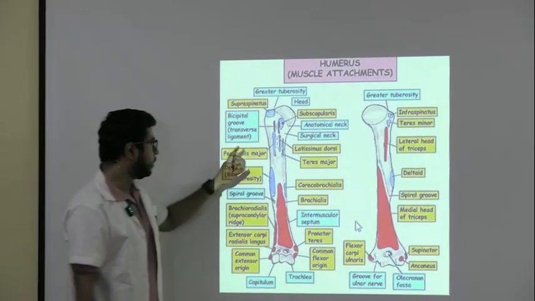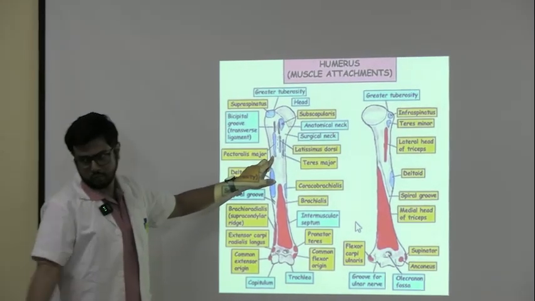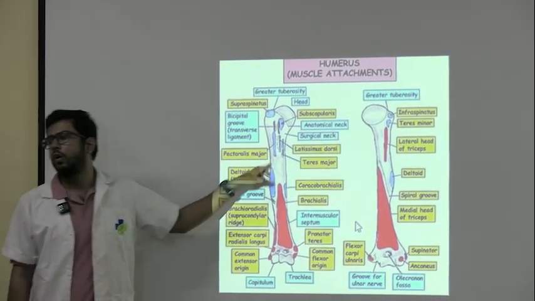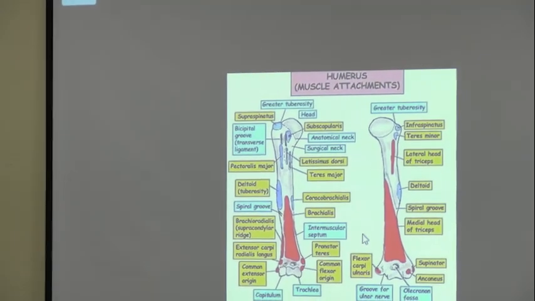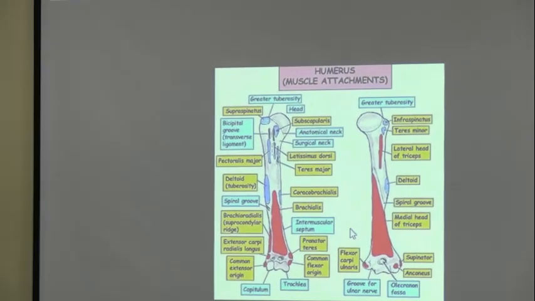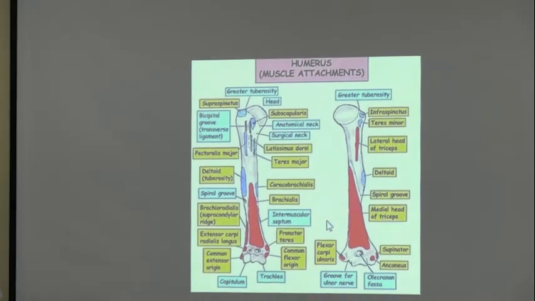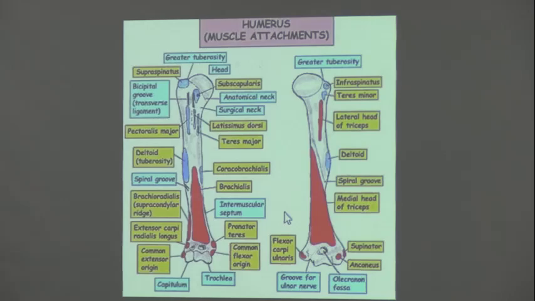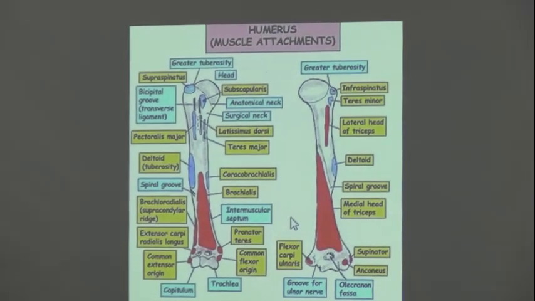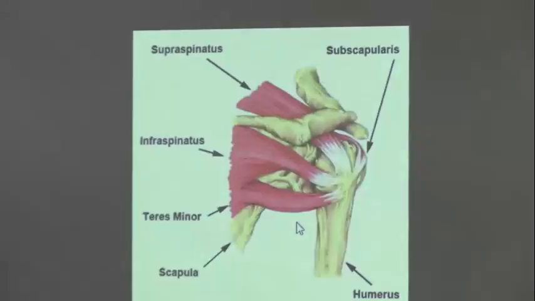I'll show you. First, in the lateral, you write it down. In the lateral lip of the intertubercular groove or sulcus, there is pectoralis major muscle. Let me show you the pectoralis major.